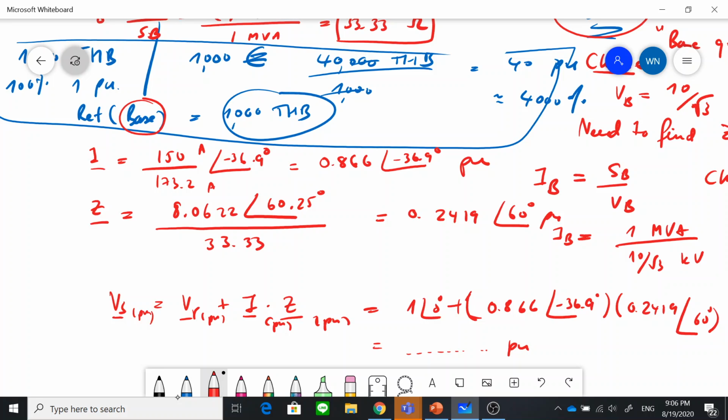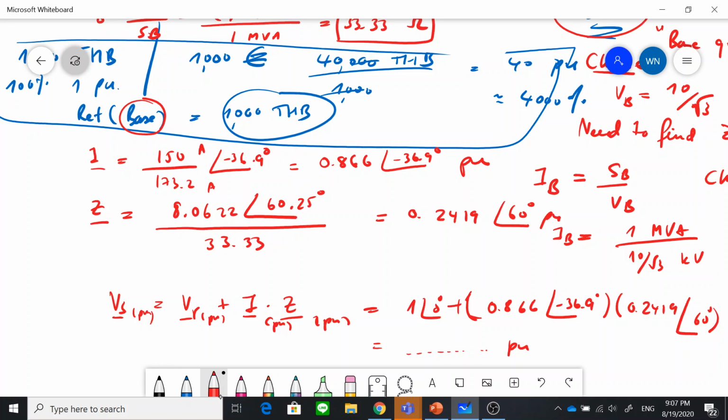Now I need you to do this by yourself, and hopefully you would appreciate the method, but I would just leave this to you. You compute these numbers, and then compare with the previous calculation.